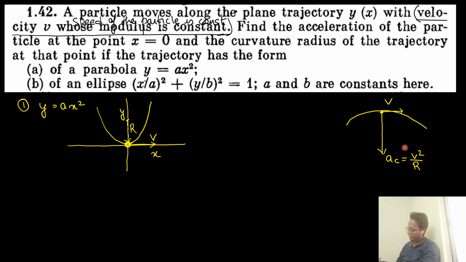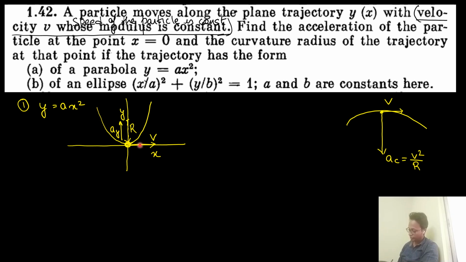That means what is the radius of curvature of the particle at x is equal to 0? So you automatically get the idea that you have to find out the acceleration in y component, and as soon as we find the acceleration in y component, we get this value. If I get the velocity, I can automatically find the value of r. The question is saying they're moving with constant speed along this path.